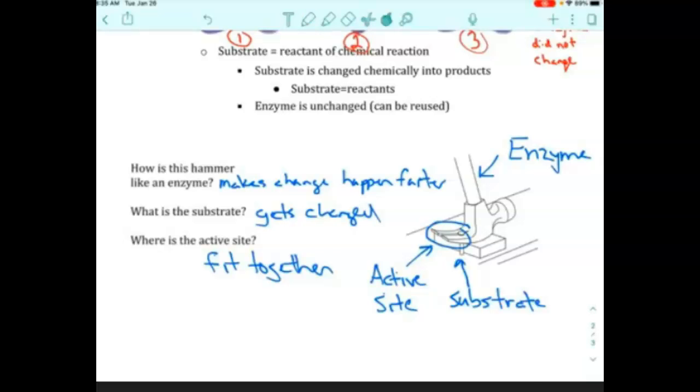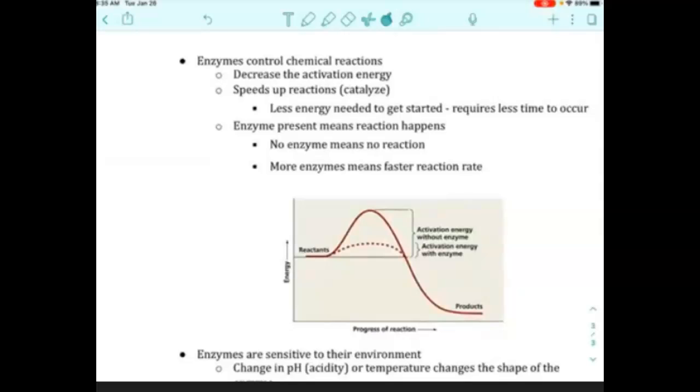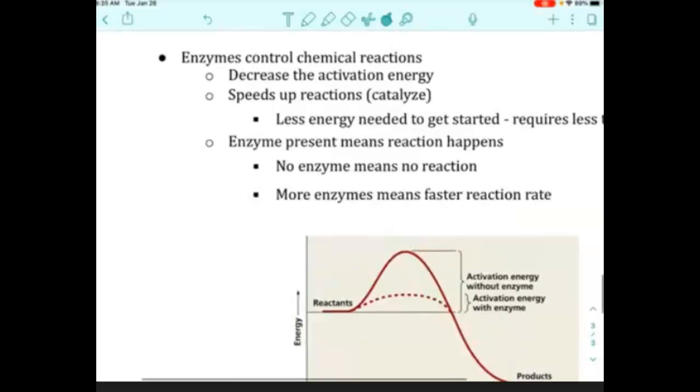Okay, one last thing here. So enzymes control chemical reactions. Okay, they make them happen is what we mean when we say control. They do this by decreasing or lowering the activation energy.